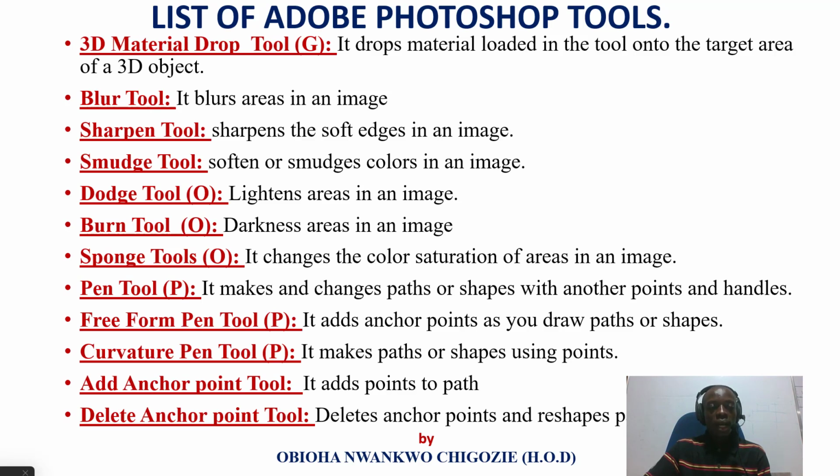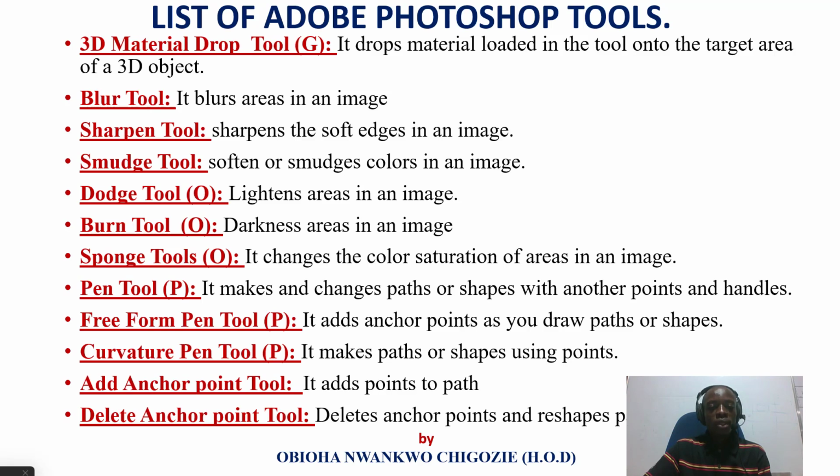The smudge tool softens or smooths colors in an image. You have the dodge tool, which lightens areas in an image, and the burn tool, which darkens areas in an image. An area which has darkness, it helps to burn it off. You have the sponge tool, which changes the color saturation of an area in an image.